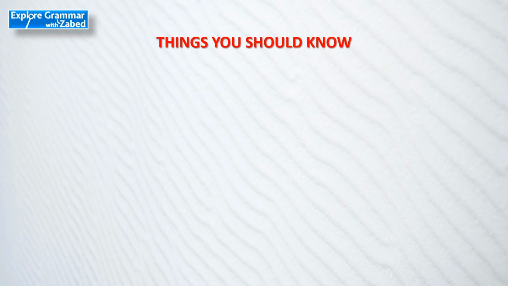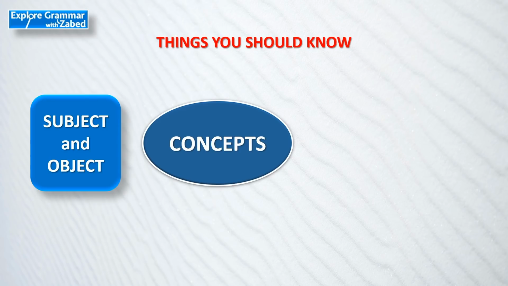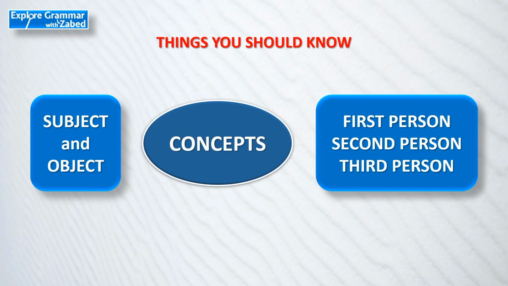Moreover, there are certain things you need to know. There are 2 important concepts that you must remember. First one is what is subject and object. Second one is what is person. It means first person, second person and third person. So, what is subject and object in a sentence? Let me make it clear giving an example.